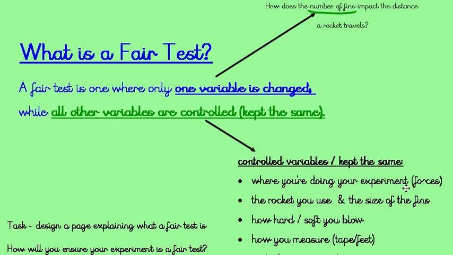So you need to do your experiment in the same place each time so that the forces remain the same. For example, if you do your experiment outside, where there is a greater air resistance, and then you do your next experiment inside, where there is less air resistance, then there will be a change, and it means you haven't controlled that variable or kept it the same.